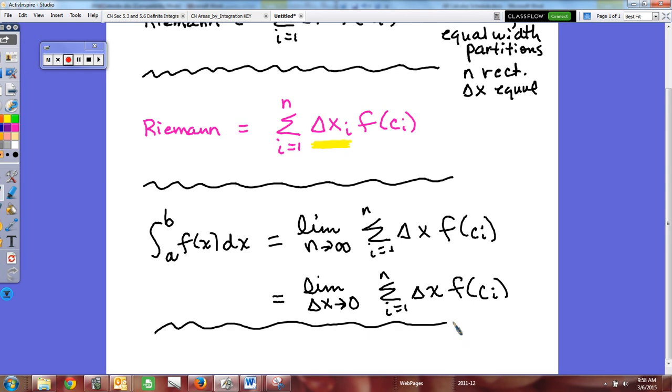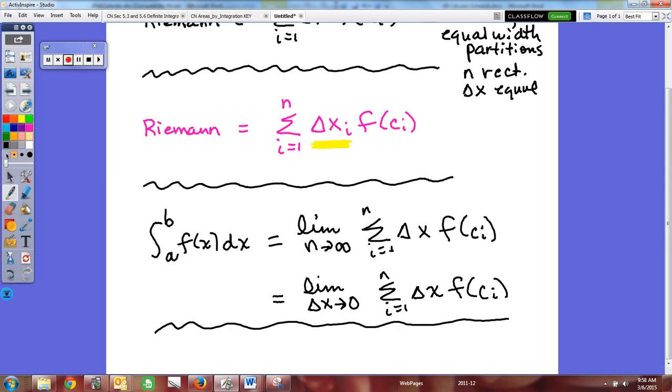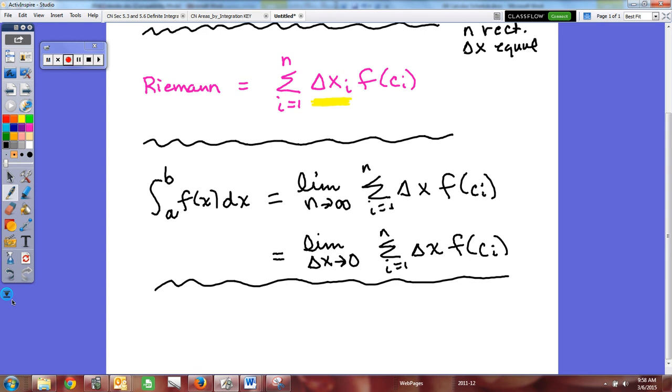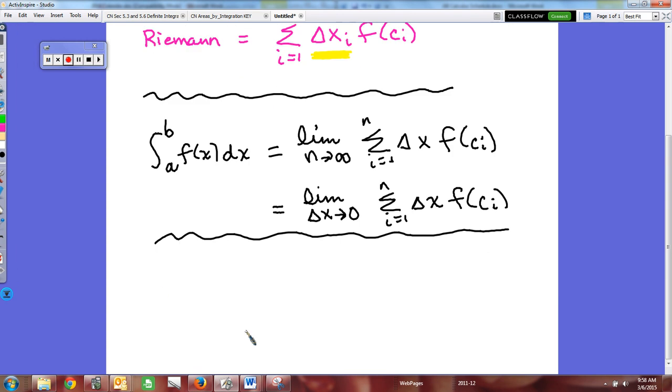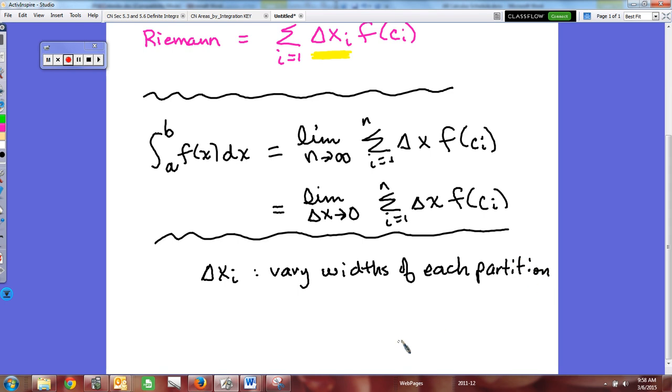So they've created a new notation. Like I said, I'm really just showing you this so that when you see it in your book, it doesn't confuse you. We have delta x sub i, the varying widths of each partition, or each rectangle. Whenever I say partition, you want to think each rectangle.